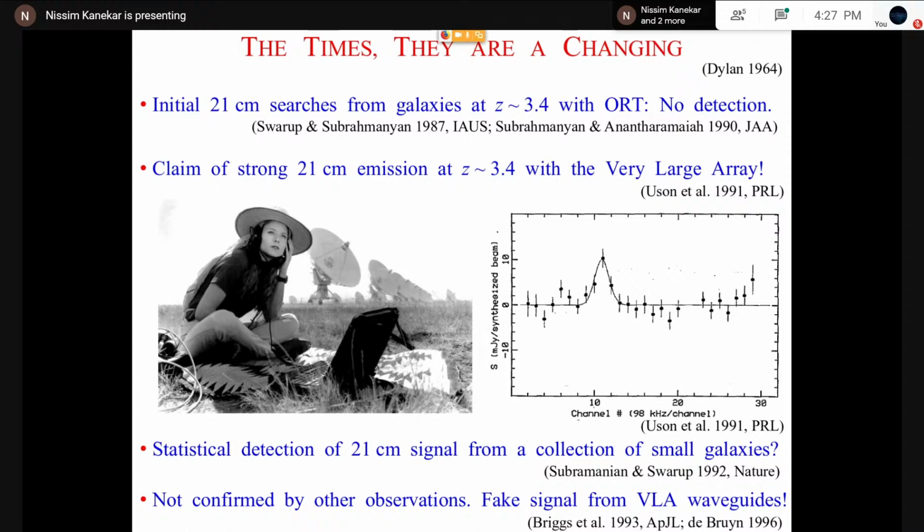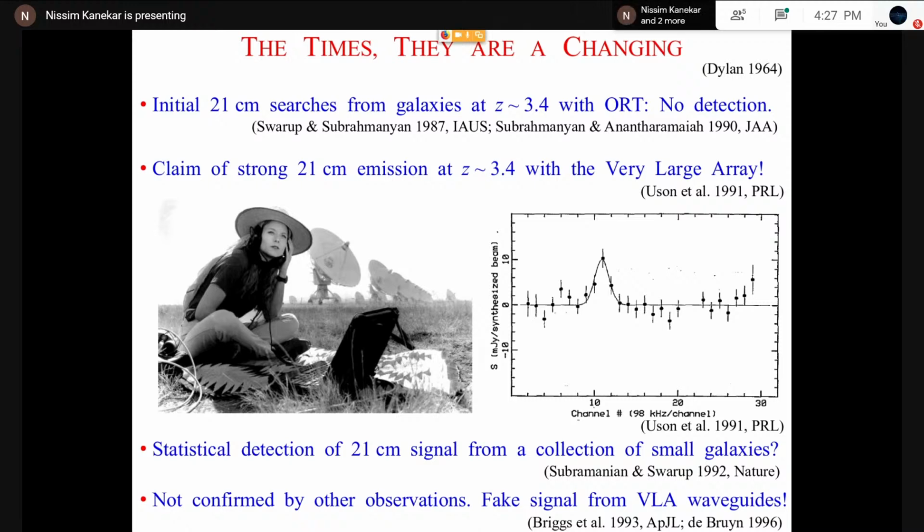And it turned out, sadly, that other people, Frank Briggs, for example, and Kerr Brown, tried to confirm this detection at redshift 30, because people were hugely excited by this. They tried to confirm this detection with other telescopes, Arecibo and Westerbork, and the detection was not confirmed. And it turned out in the late 90s, Dwan Usson discovered that this was a fake signal coming from the VLA waveguides, from the transmission system that the VLA had set up.